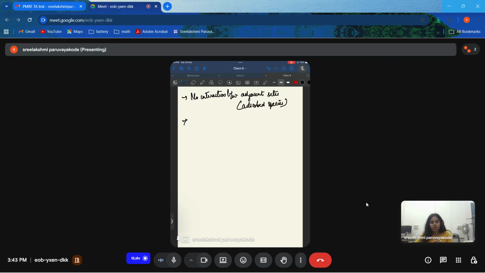That means all the sites have equal probability for the intermediate to get adsorbed.